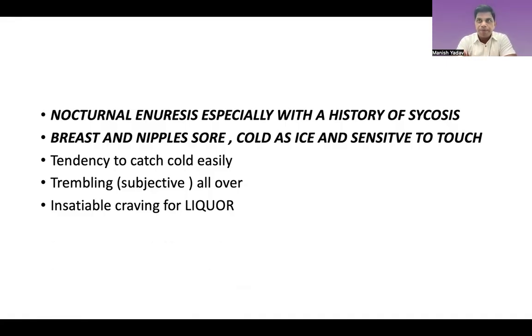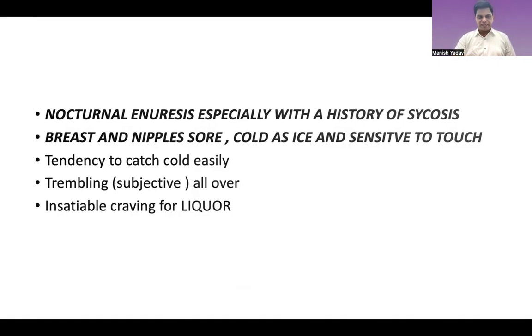Even children, addiction to alcohol, insatiable craving for alcohol is a feature of Syphilinum. No, it is there. But even liquor, insatiable craving, Medorrhinum. So now you understand, right? Medorrhinum in many terms gives you a hint towards syphilitic miasm, but it is not. It is just one feature. Okay, so don't get misled by this.